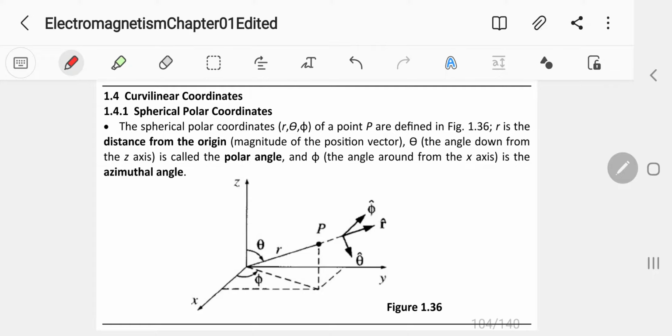The x hat is always in the direction of the positive x-axis, the negative x hat is in the negative x-axis, the y hat is always in the positive y, the negative y hat is always in the negative y-axis, and so with the z.